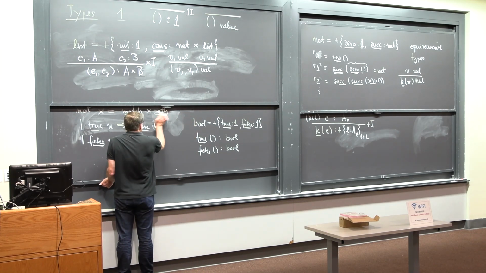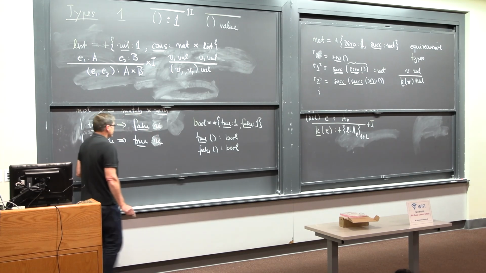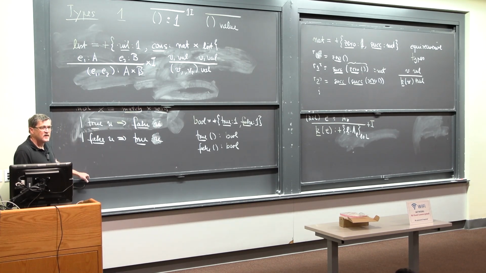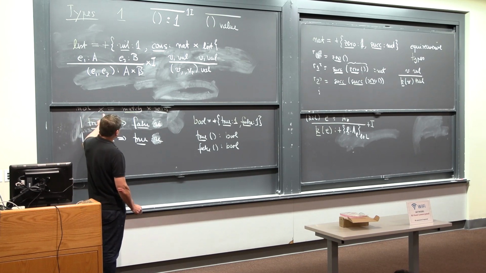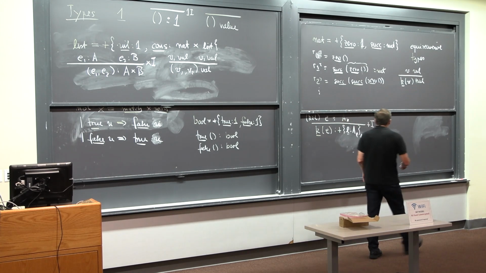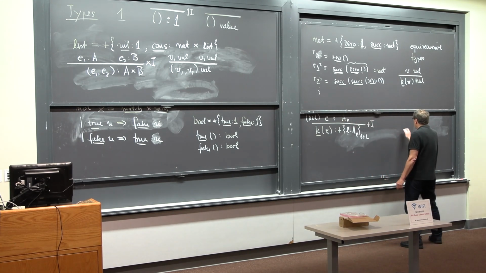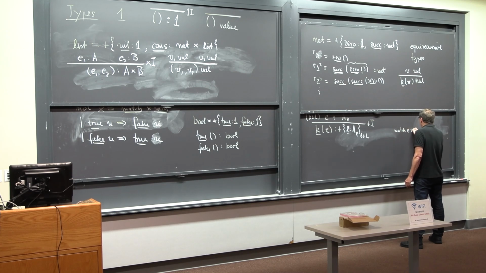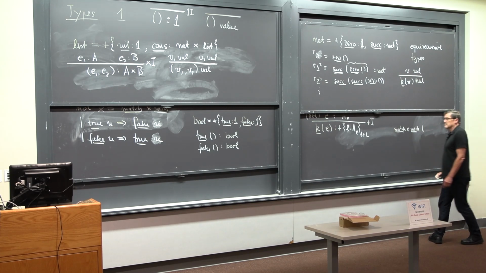So I don't like to have ill-typed code on the board. Okay, so I'm going to replace it again with this. Now we need to type this construct. So if we have match the expression E with, what do the branches look like?